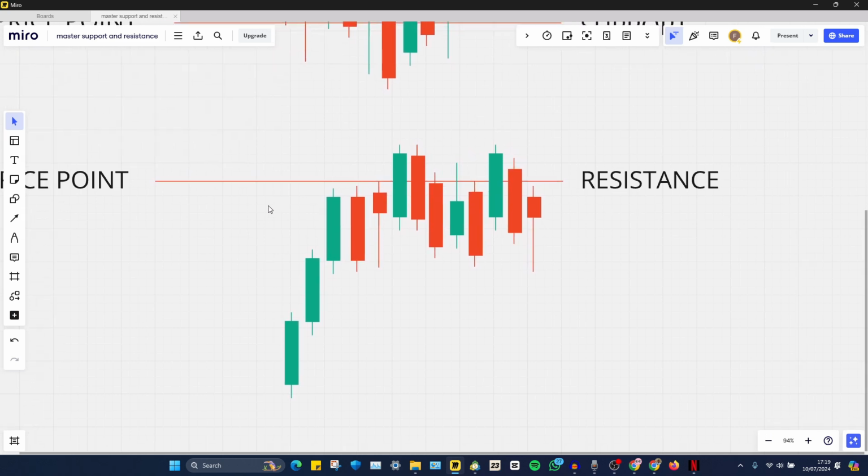Obviously, sometimes the lines, it could happen exactly like this, where it wouldn't even pass the line, and you keep having candles like this.